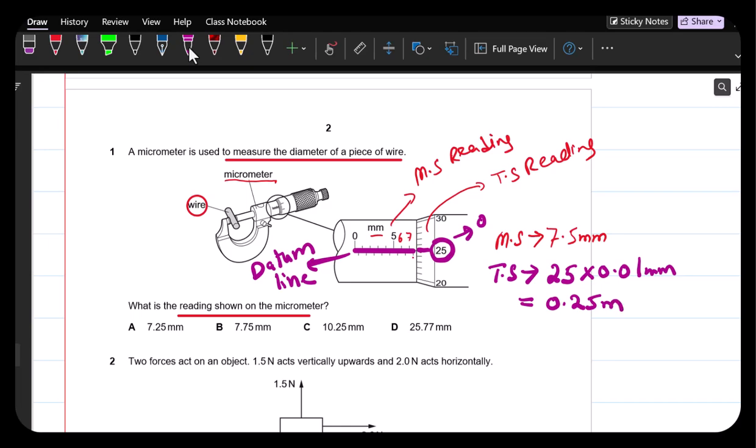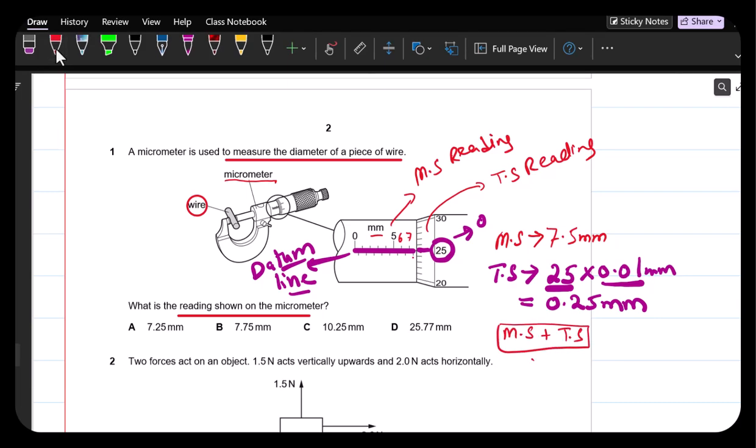Again, I repeat, for the thimble scale reading, you have to see which value of the thimble scale is aligned with this datum line. After recording that value, multiply it with the least count, 0.01 millimeter, and you will get 0.25 millimeter. After doing this, you have to add the main scale reading and the thimble scale reading.